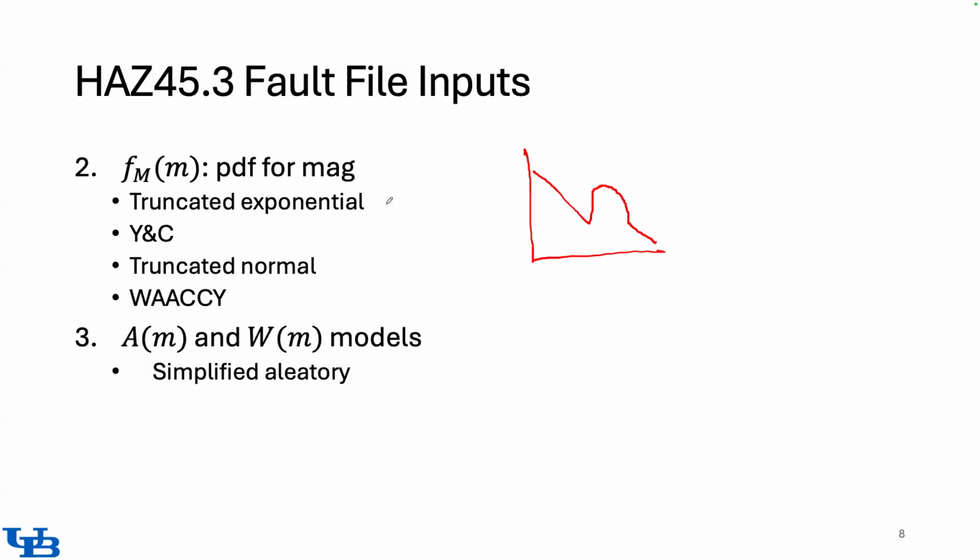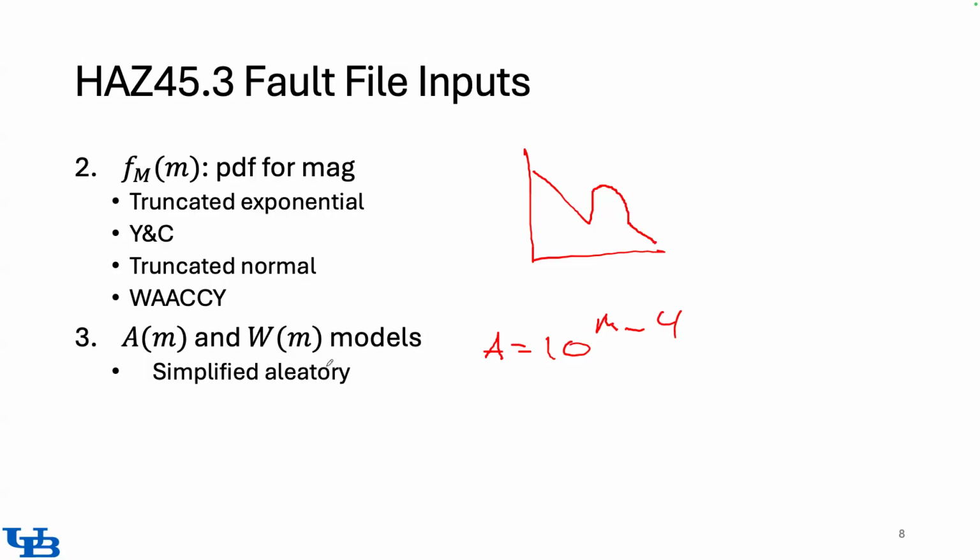And again, we said that a simplified relation to use is that the area is 10 raised to the magnitude minus 4. So that should be one model, or if you know a better model that is tailored to the fault that you are interested in, you can specify that instead.